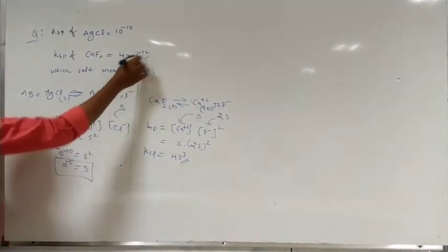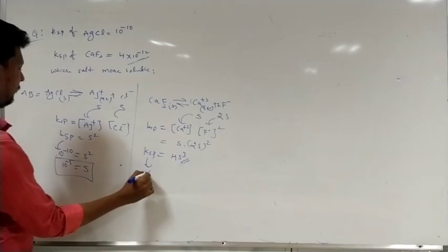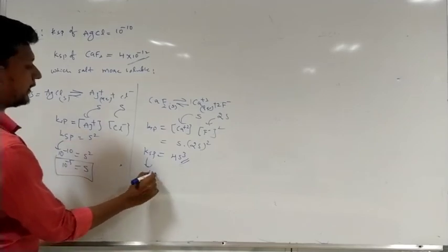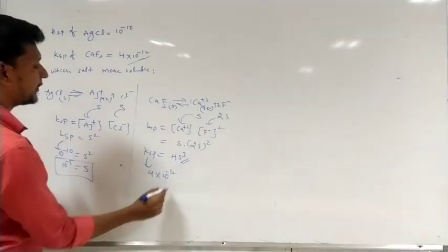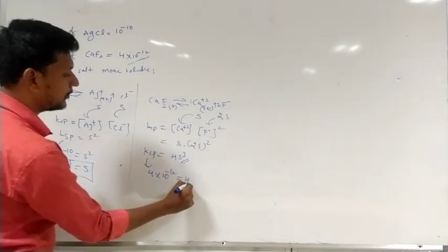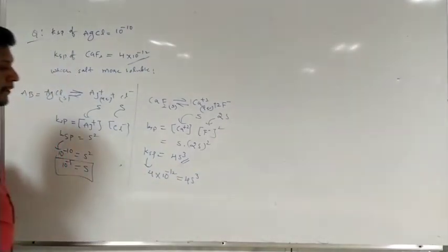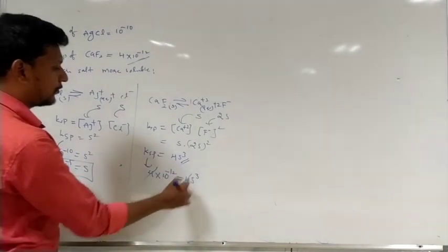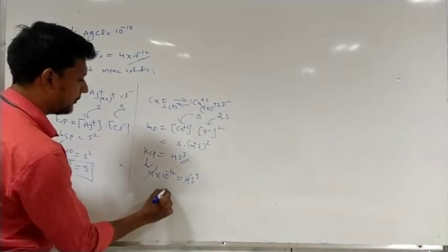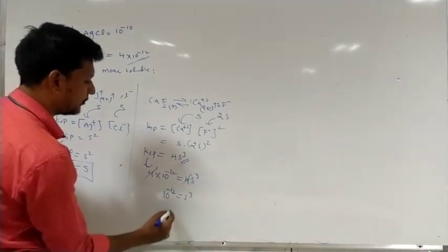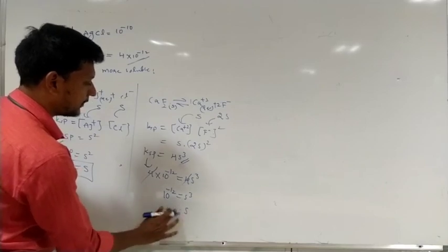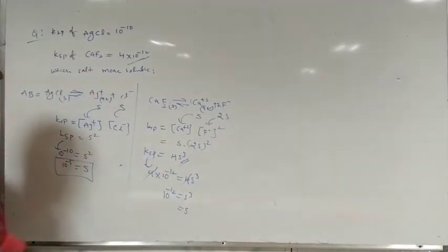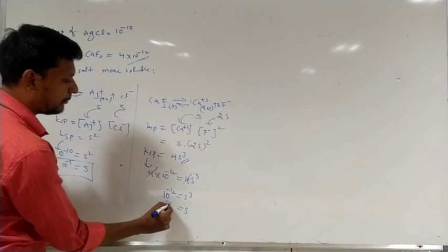What is the Ksp value given? Ksp is 4 into 10 to the power minus 12, which is equal to 4S cube. Here 4 cancels, and the next one, 10 to the power minus 12 is equal to S cube. S is equal to the cube root, here 10 to the power minus 4.